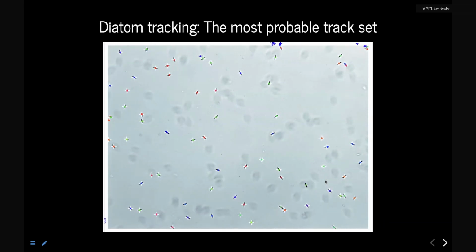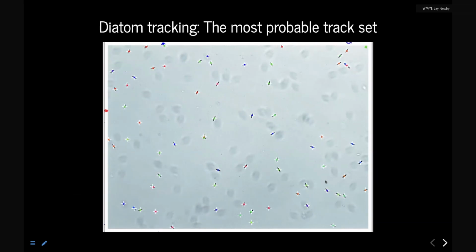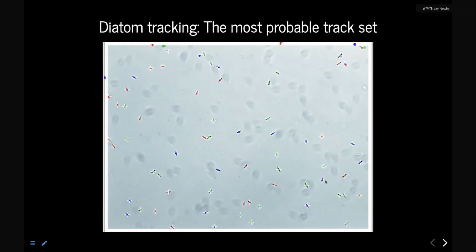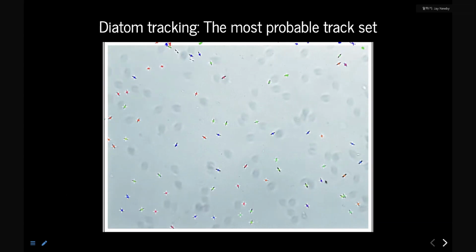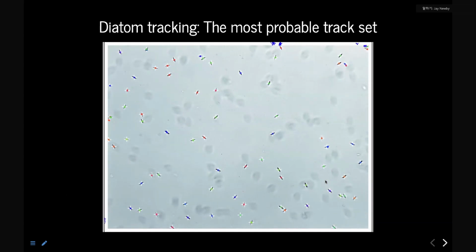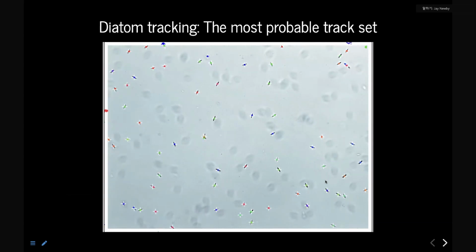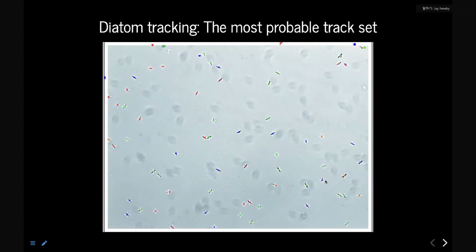I wanted it to scale essentially linearly with the number of objects that I'm tracking. Some of these Markov chain methods that have been proposed do not scale well. So I'll talk a little bit about how we do that.